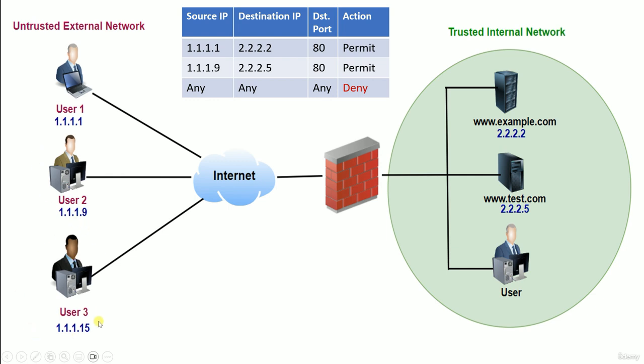However, these are the only 2 permit rules we have. Apart from that, it's a deny, which means whichever source address to whatever destination IP for any service is set to deny. So just consider that user 3 is trying to connect to either example.com or test.com.